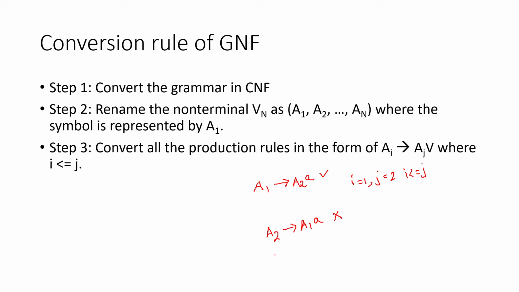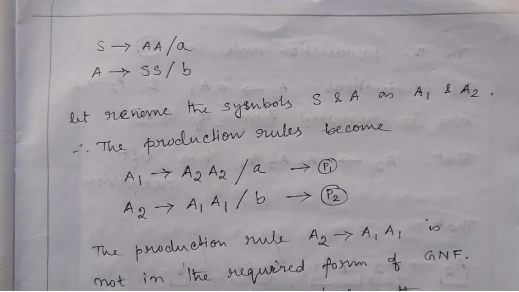So if this type of situation happens, then we have to somehow rectify this production rule, and we have to find out how we can do this. Now see, we have a very simple grammar over here: capital S to capital A or small a, and capital A to capital S or small b.